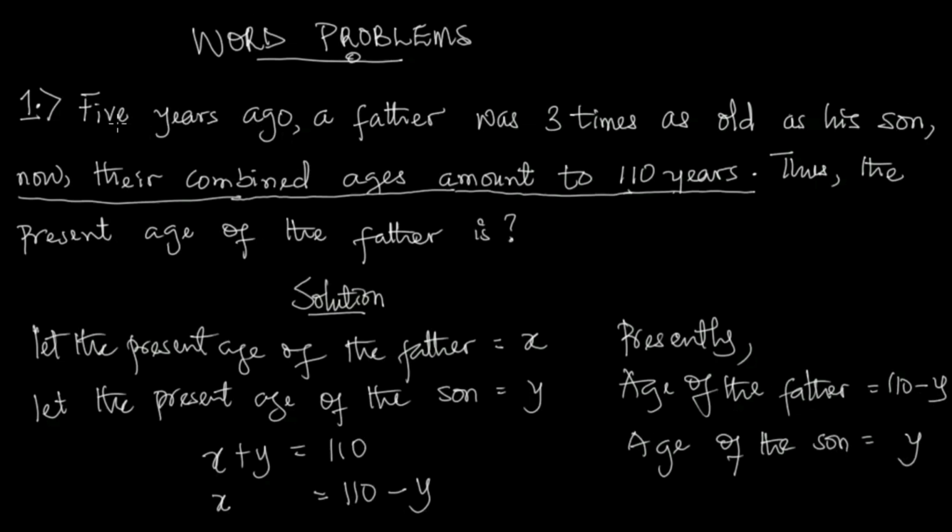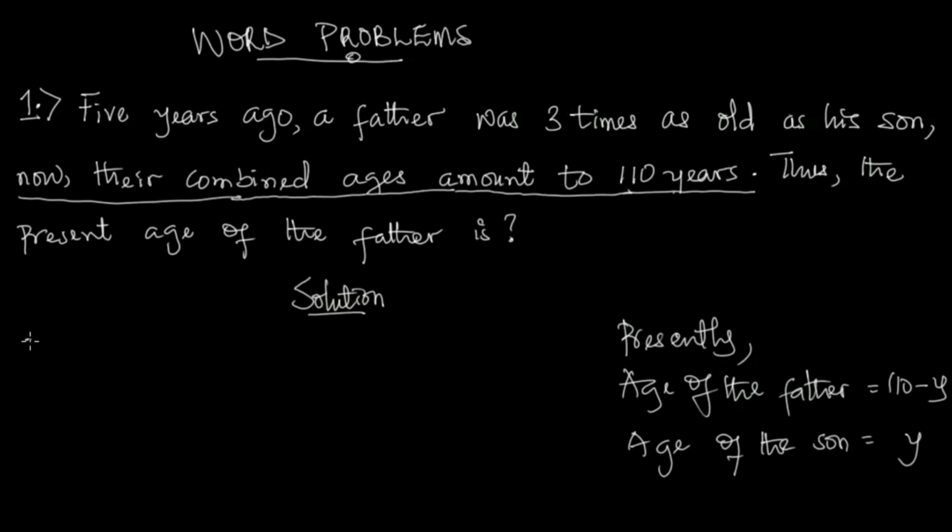Now to interpret this, 5 years ago a father was 3 times as old as his son. So what will be the age of the father 5 years ago? So 5 years ago, the age of the father presently is 110 minus y.